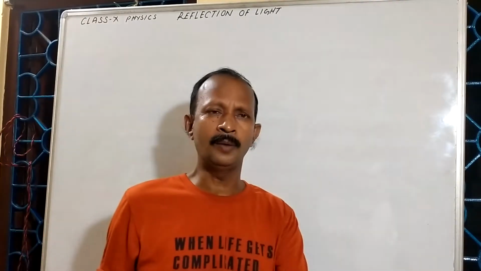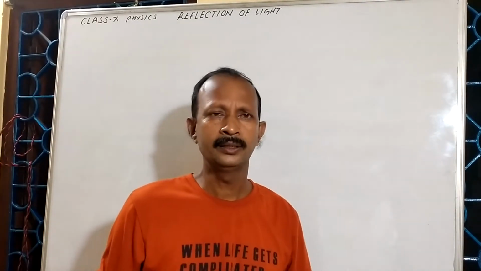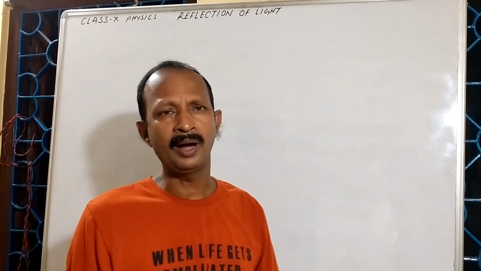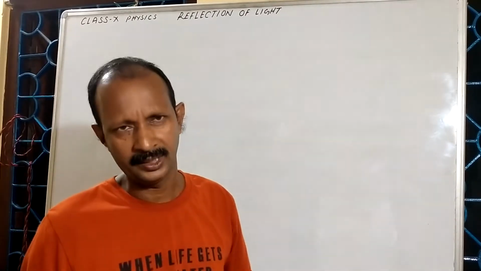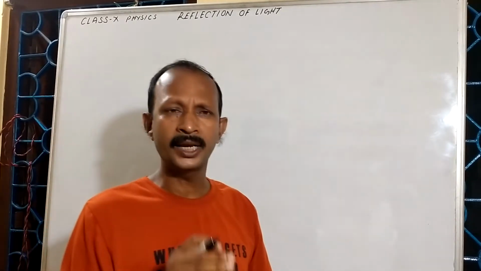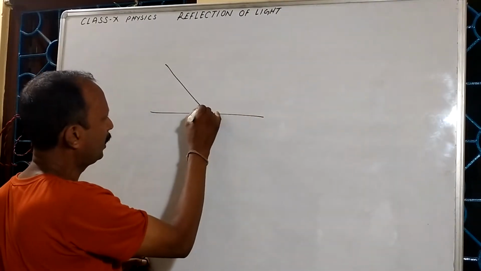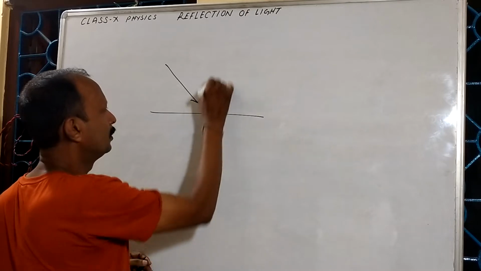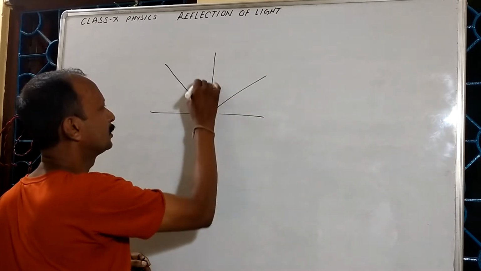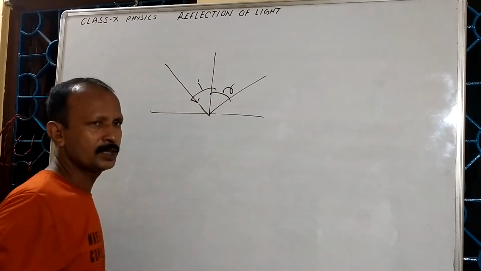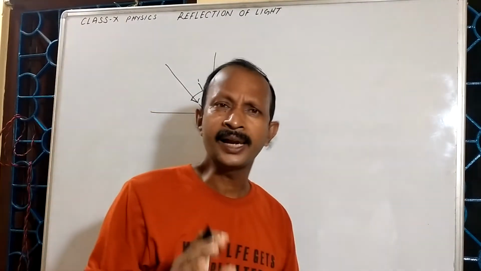According to the first law of reflection, the incident ray, reflected ray and the normal all three lie in one plane. And according to the second law of reflection, I explained the angle of incidence and angle of reflection both are equal.